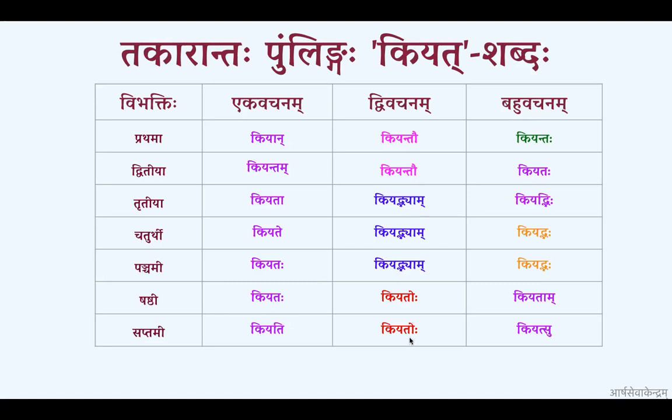And Shashti, Saptami is oho, oho. Bahuvachanam in Tritiya ends in bhihi, Chaturthi and Panchami end in bhyaha, Shashti ends in am, Saptami ends in su. So all these patterns remain the same.